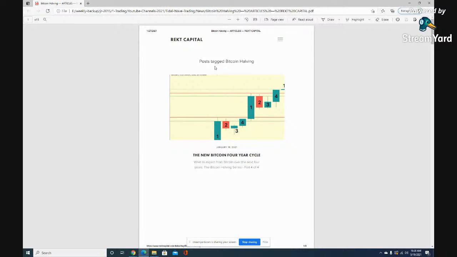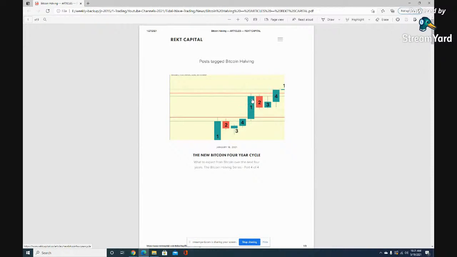And if you see here what I'm talking about, Rect Capital is able to draw out some candle charts based on the Bitcoin yearly chart. And as you can see here, since the existence of Bitcoin, from the very first year, number 1, 2, and 3, you can see how it's forming a bull flag over here, and then it explodes to the upside. And then you can see that candle number 2 is what I'm talking about.